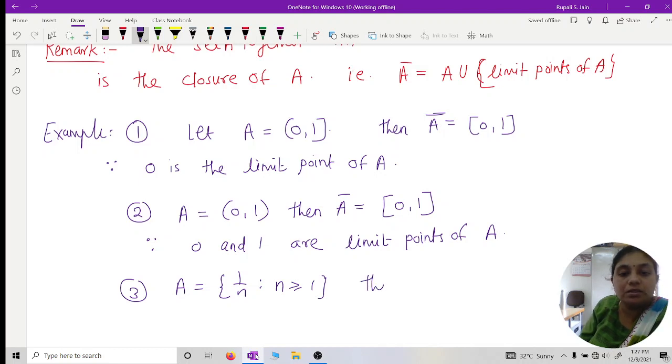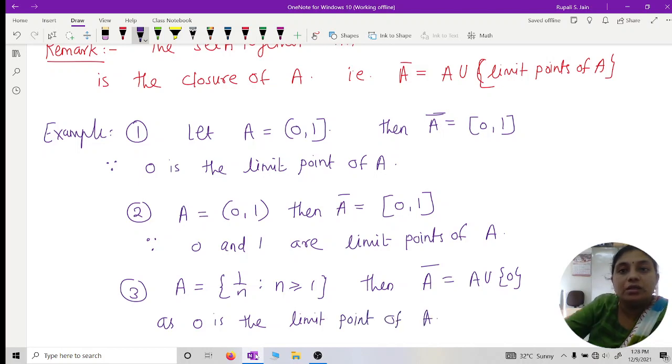Then what is the limit point of this? Limit is 0. So A closure is nothing but A union singleton 0, as 0 is the limit point of A. Is that okay?